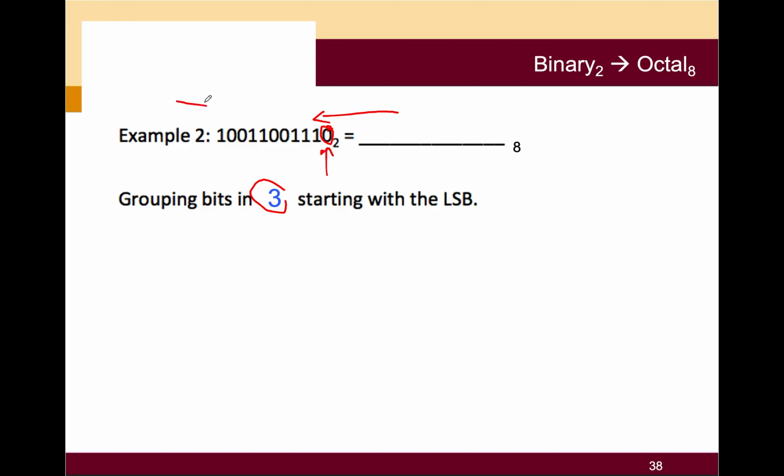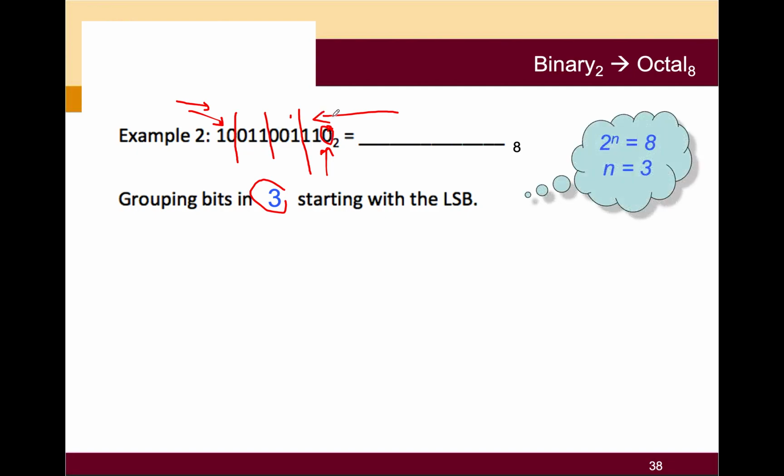For the MSB, later on you will see, the most significant digit on your left side. Now you need to divide it first into 3 bits, starting from your right, and then you get just like this. So how does it look over here, and why do you get 3? Because 2 to the power of n equals 8.